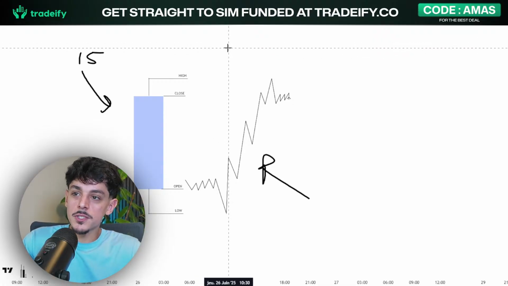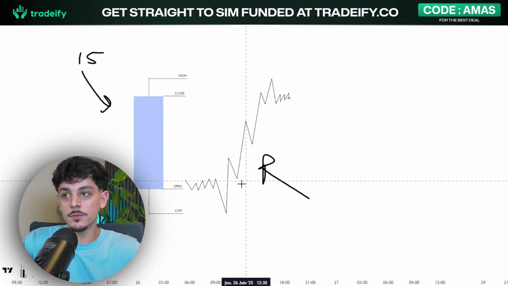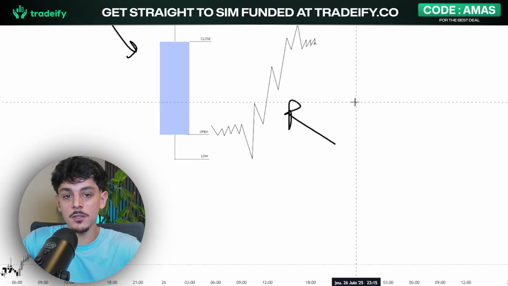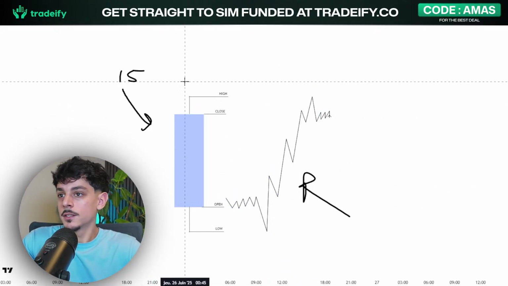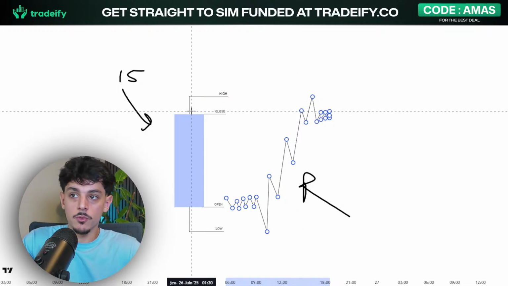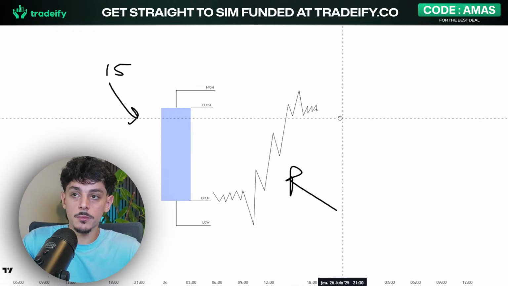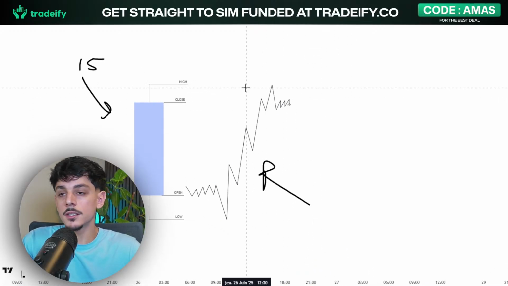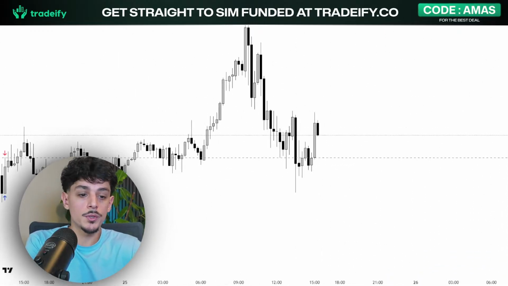I can't understand that statement, because price is fractal. This would be the 15-second chart on a 15-minute bullish candle, or this would be a 1 minute chart on a 1 hour candle, or this would be a 4 hour candle to the left, and this would be a 15-minute time frame, and the daily would be the 1 hour. So price is fractal. Just find what works for you.